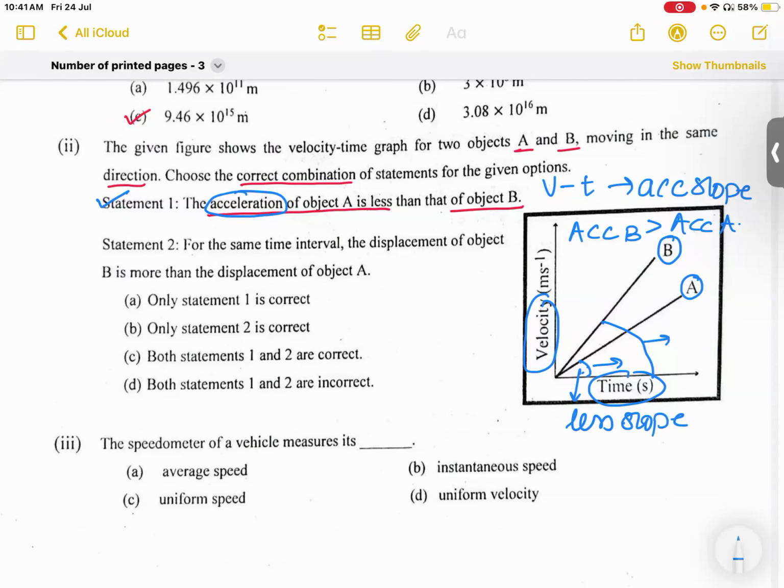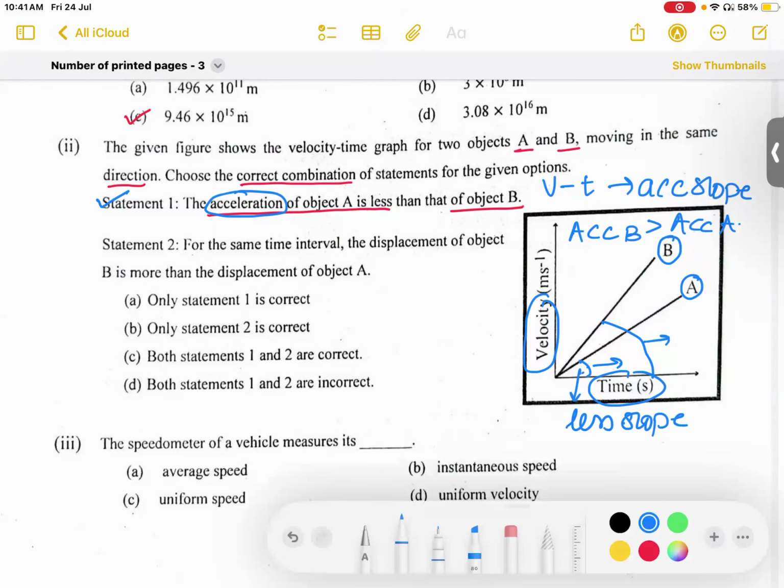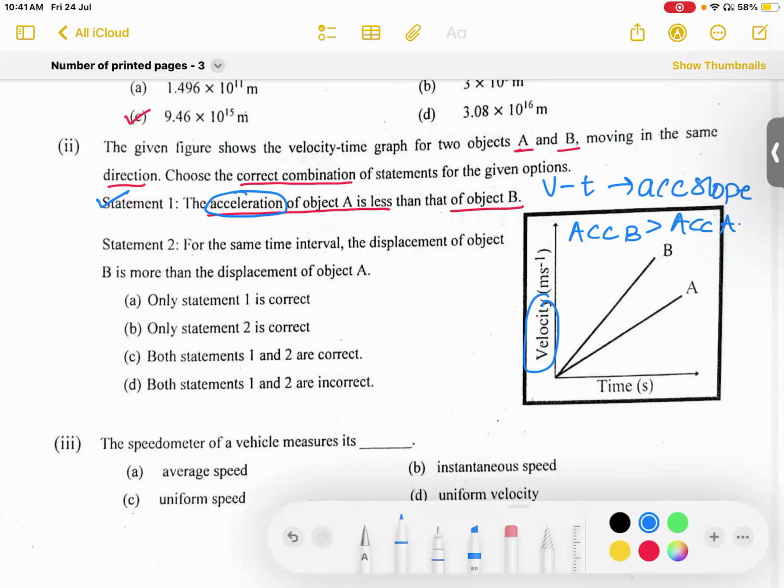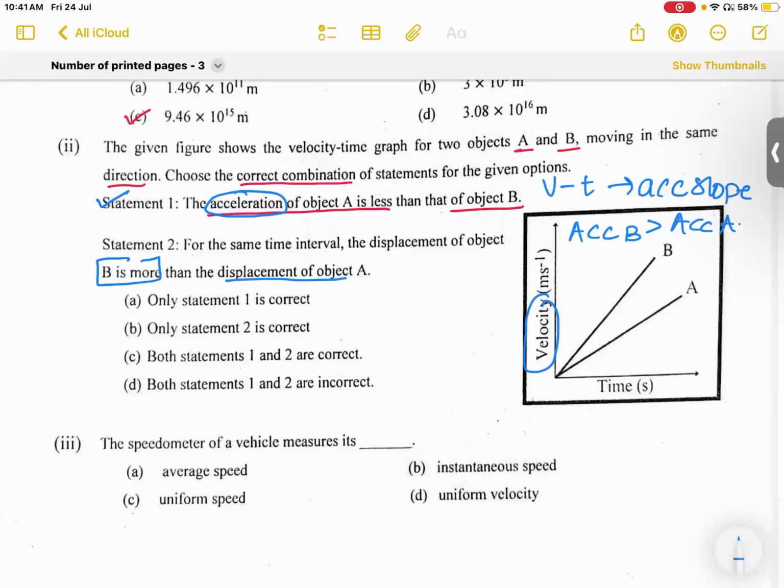The next statement is: for the same time interval, the displacement of object B is more than the displacement of object A. I'll try to erase this part so we can see it carefully. They have instructed for the same time interval, displacement of B is more than displacement of A. तो पहले तो velocity-time graph से अगर मुझे displacement ढूंढना है, I calculate the area of the graph.